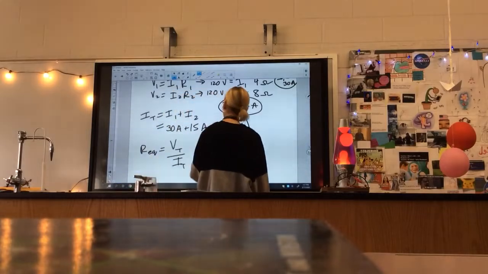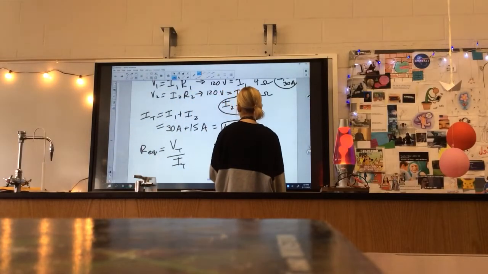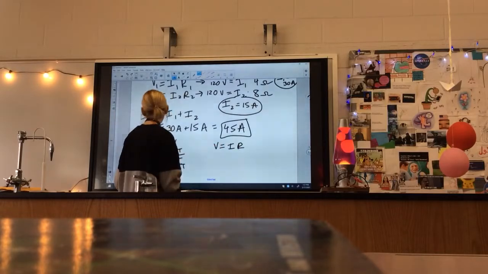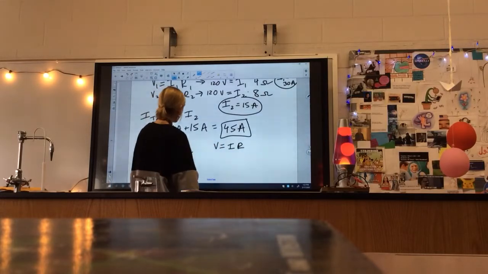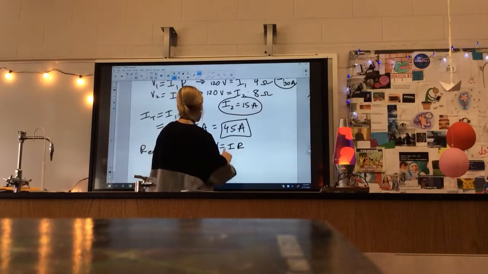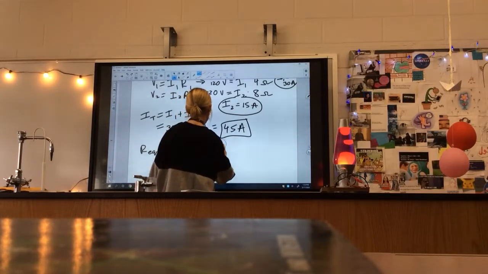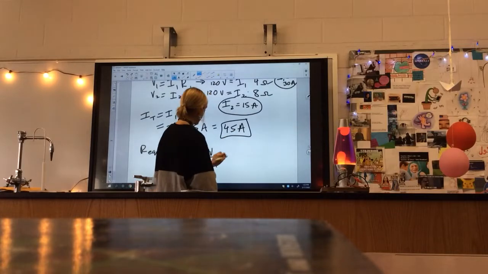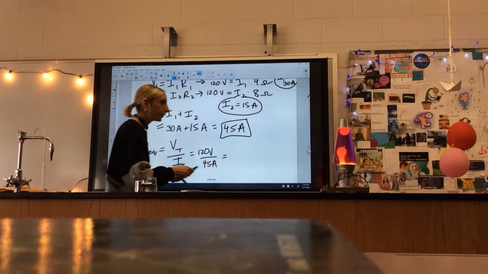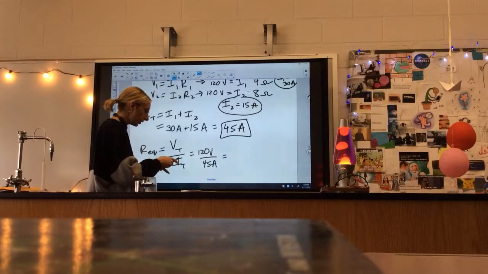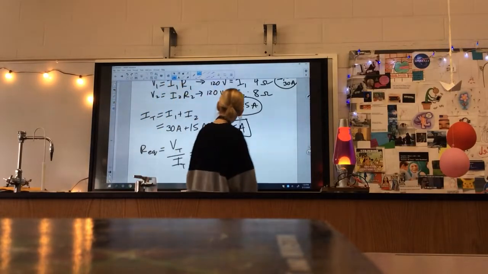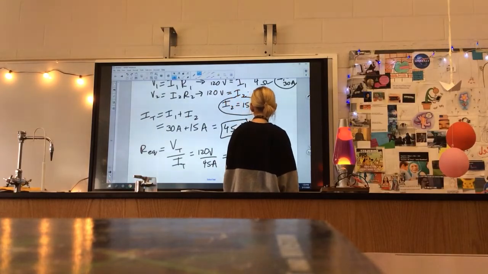All I did was take V equals IR and rearrange it to isolate the R. So R equals V over I, right? So I'm going to take my 120 volts and divide it by 45 amperes, and that should give me my equivalent resistance, which is 2.7 ohms.